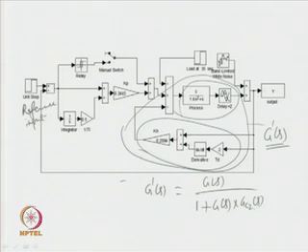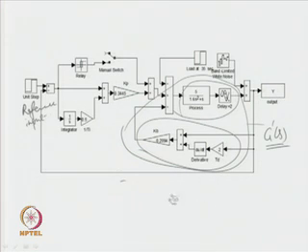When the relay is present or is in action, then when the block diagram is reduced, the relay ultimately sees a typical transfer function, which can be given in the form of G'(s) upon 1 plus G'(s) GC1(s).